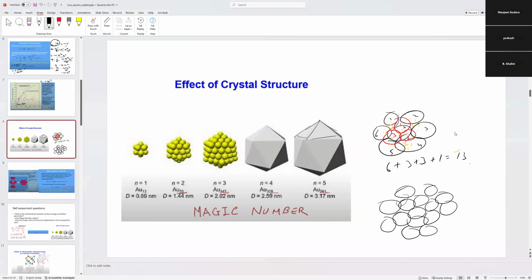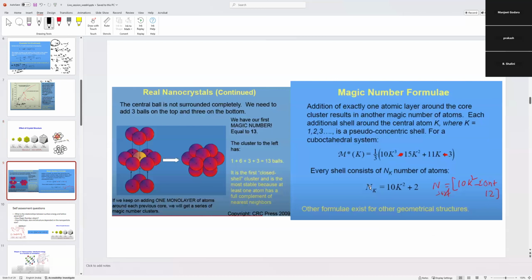If you do the calculation manually, you can also get an equation for the number of atoms in the cluster. This is what we're calling the magic number. So for the first cluster, we put k equals 1.